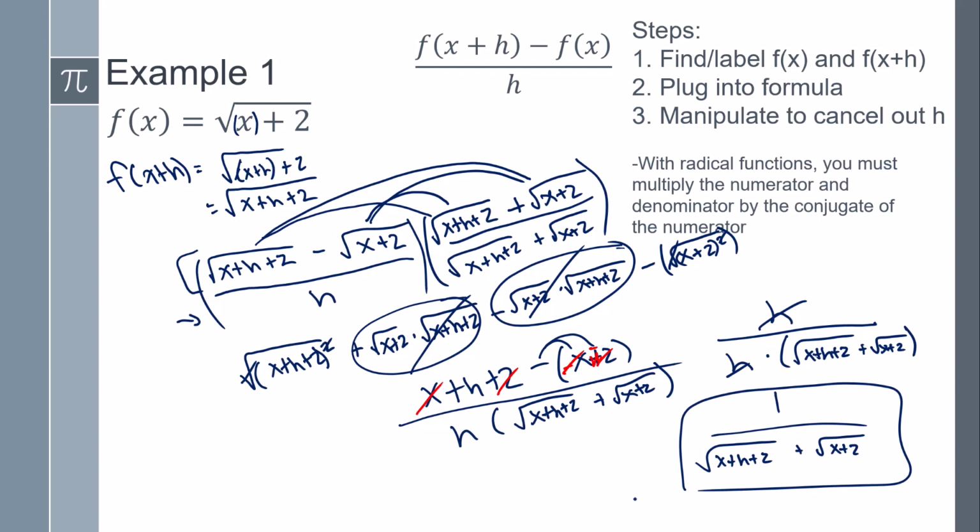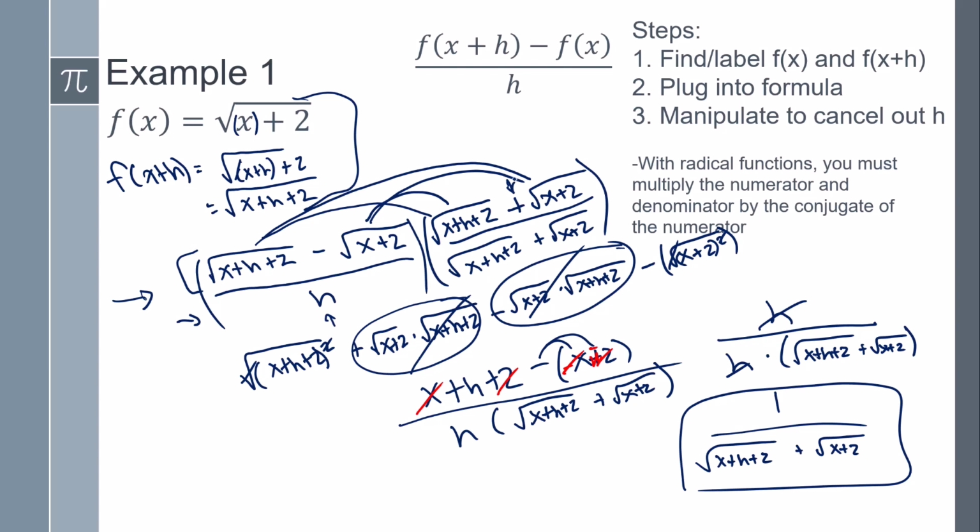So as a recap, you set it up the same way. You plug it into the difference quotient the same way. To get rid of this h, you have to multiply by the conjugate. So since it's the square root of x plus h plus 2 minus square root of x plus 2, you have the same thing except now it has a plus in the middle, and you multiply the top and bottom by it.